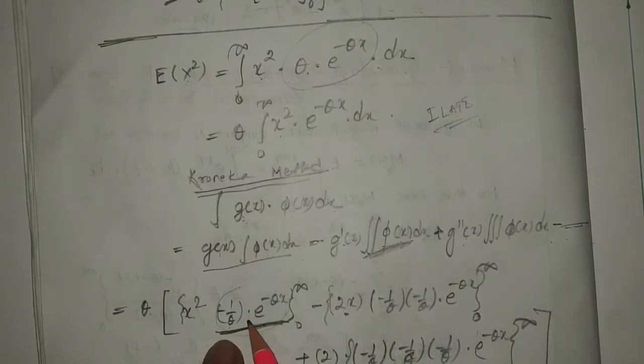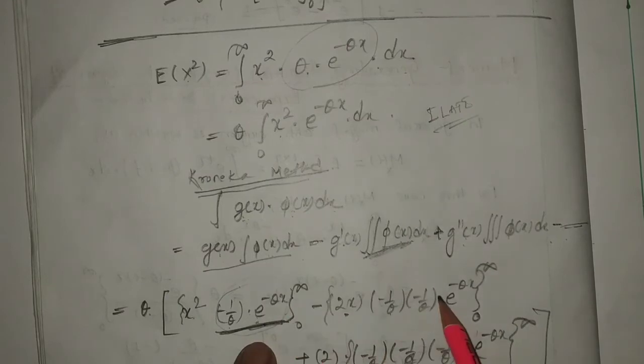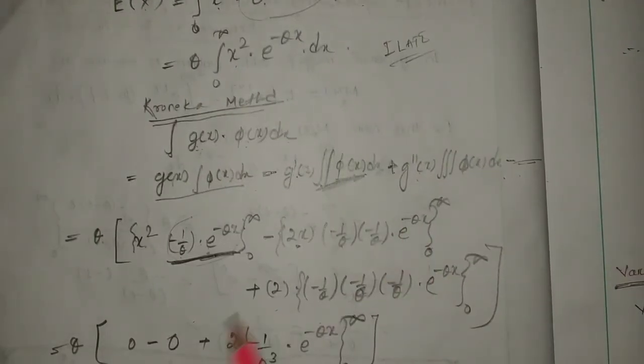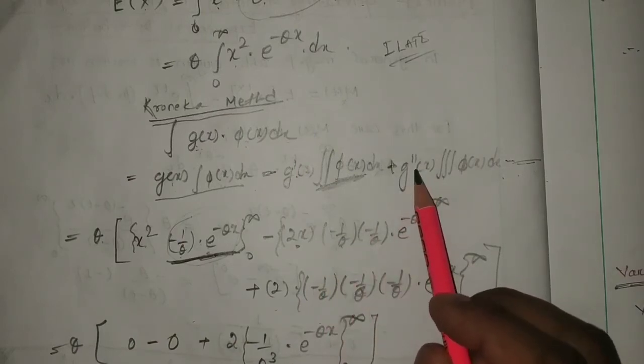So if I consider the integration of this one, how much can I get? Already minus 1 by theta is there, and the integration of e to the power minus theta x is minus 1 by theta into e to the power minus theta x, 0 to infinity, right? Then plus the double derivative of g(x).